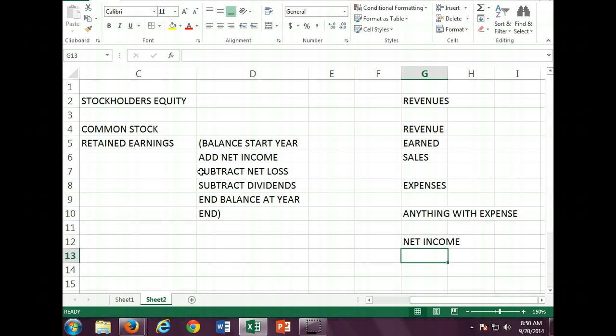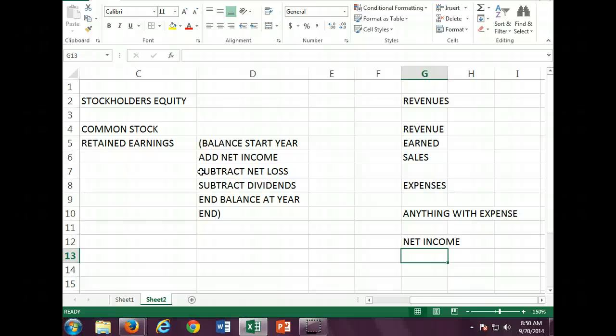So even though we don't see the income statement on the balance sheet right now, it's there. You know why it's there? Because net income is part of stockholders' equity. We are right now calculating our net income on the side. But if you think about it, the stockholders' equity section has common stock or any capital that was contributed, and from there we have to add net income.